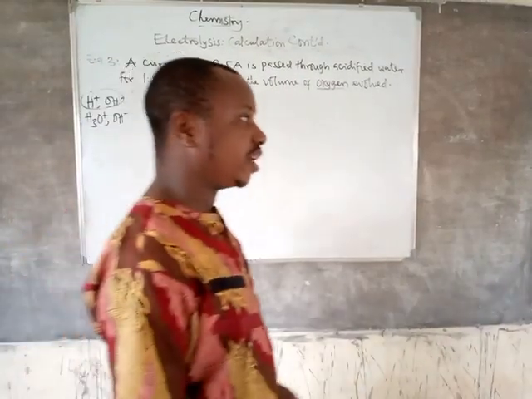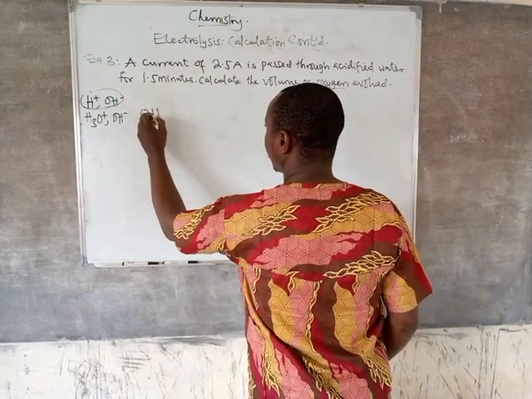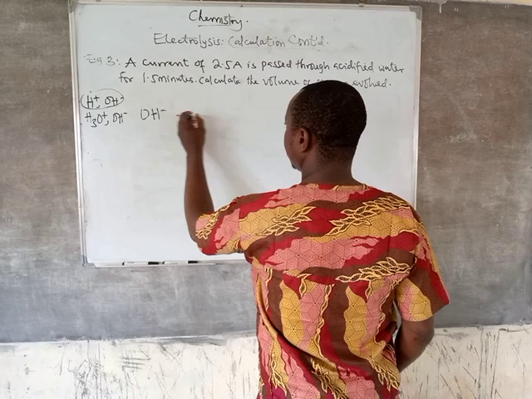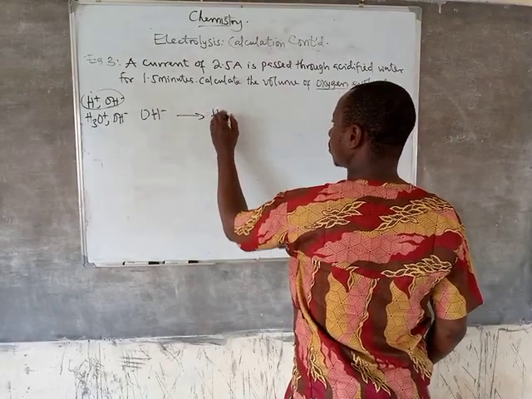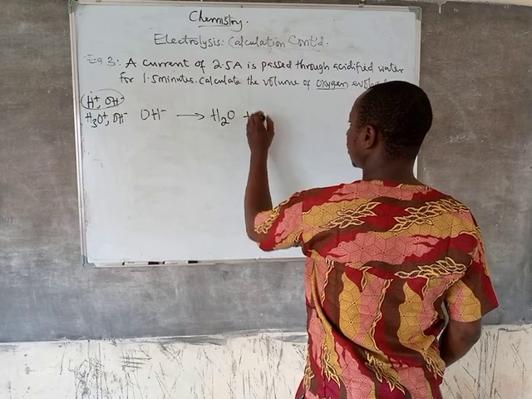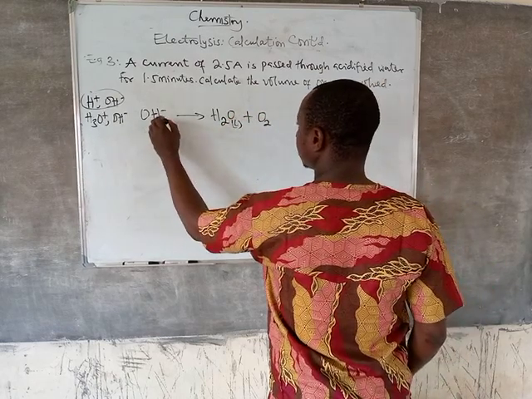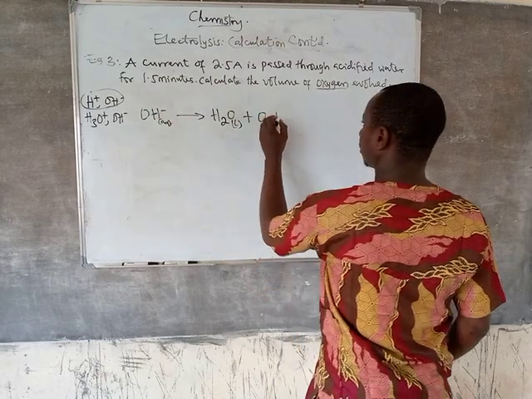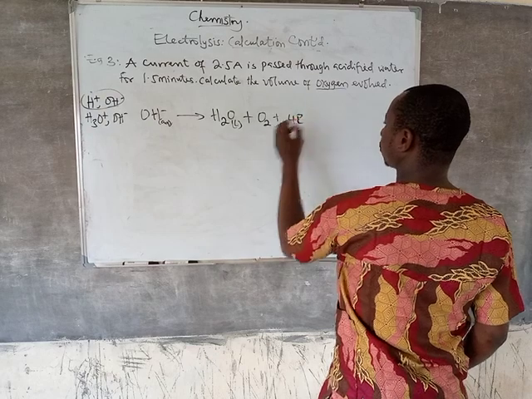Look at the equation for the reaction. Hydroxide ion gives you this and this. Let me put their physical states. This is aqueous, plus 4 electrons.